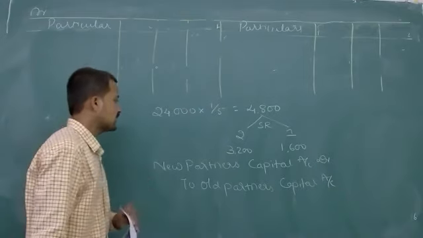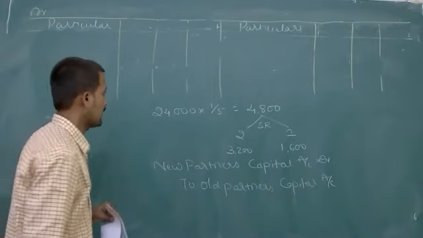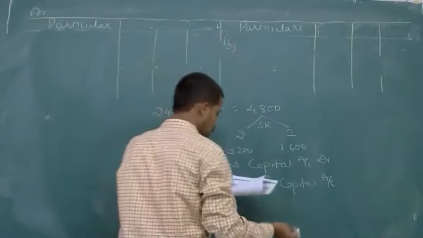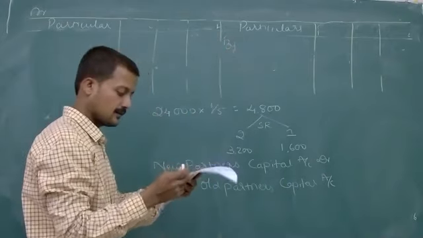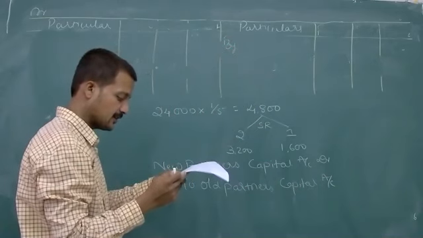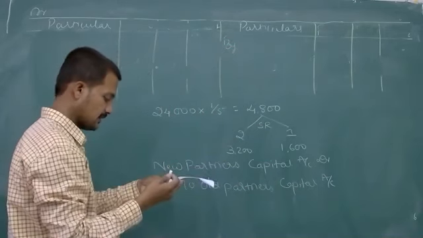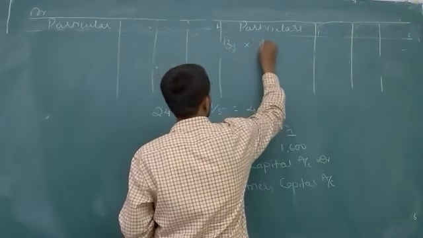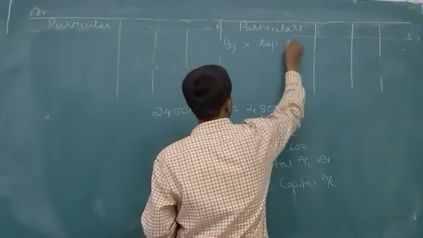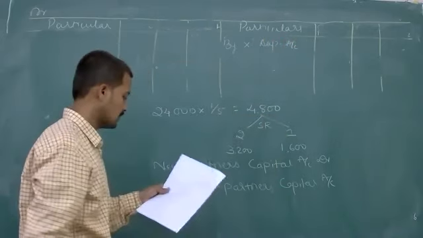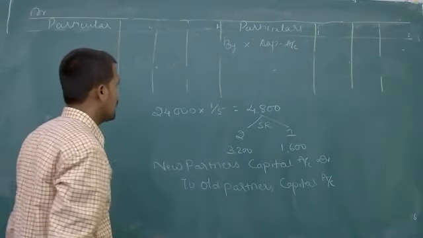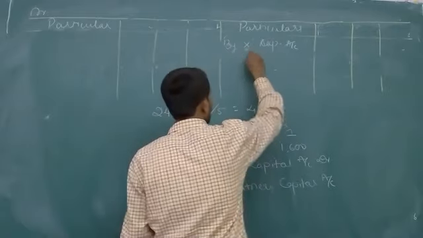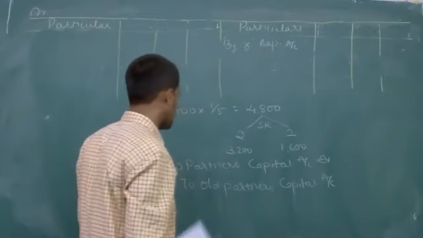Now, as per that, I should first write by who is the new partner. I have not written his name clearly. It is Sharat, Bharat, or something might be his name, so I take it as X. By X capital account, the amount should be written in the old partners' column.